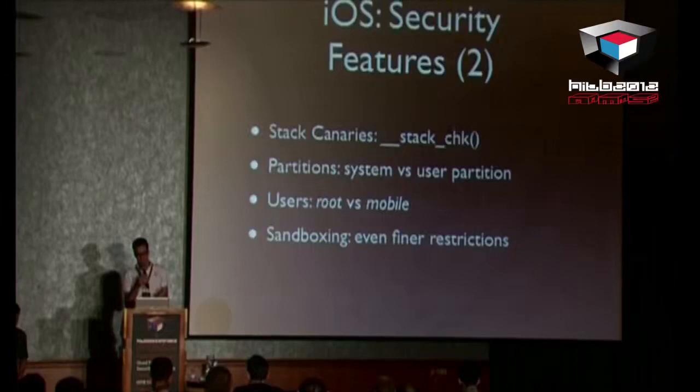Another feature is sandboxing. This is a finer restriction for processes that prevents a process from doing things like reading files or opening network connections, and so this is another step in the protection of the operating system.